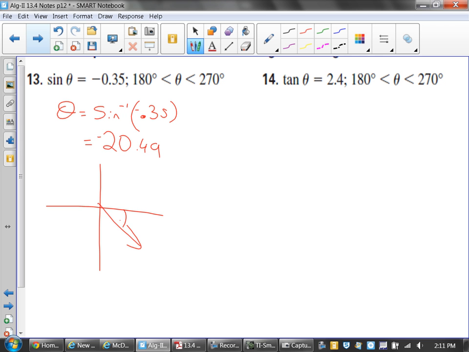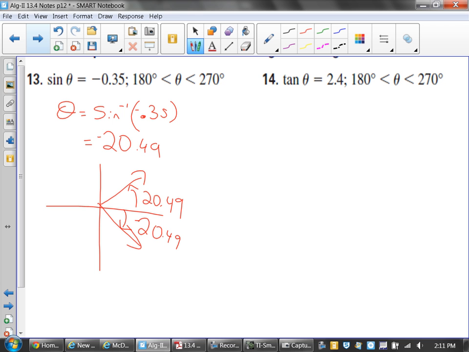If you have a negative angle here, what's the reference angle of this? 20.49. It asks to go to which quadrant then? Third. What do I do to the 20.49 then? Add 180.